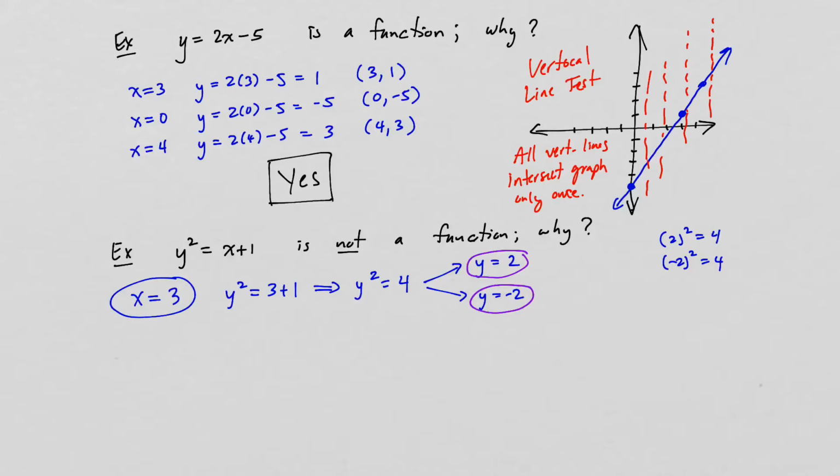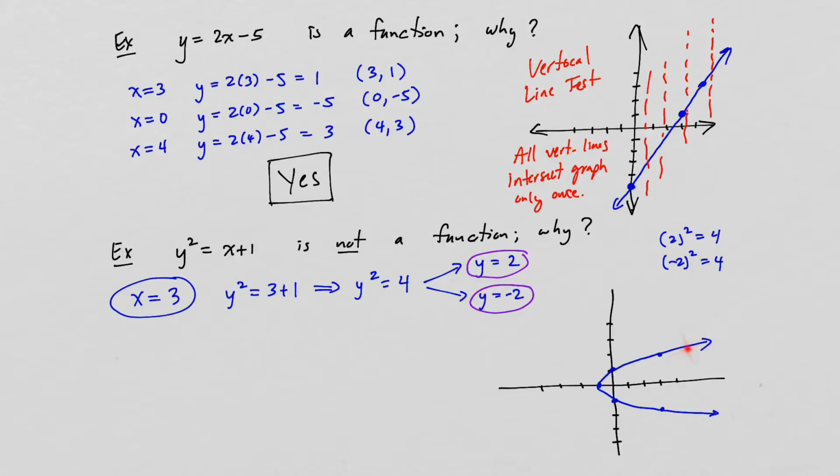Now, I'll spare you a lot of the details here, but if you graph this equation, here's what you get. So here's what the graph of this equation looks like. I didn't show you how I got these points, but basically, if you plug in some additional values for x, you can find some additional points on this graph.